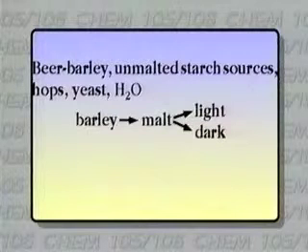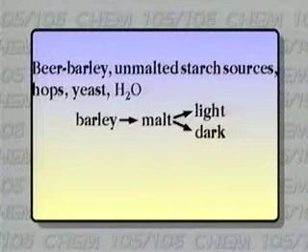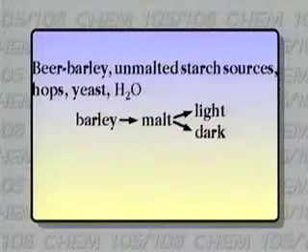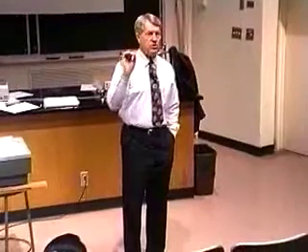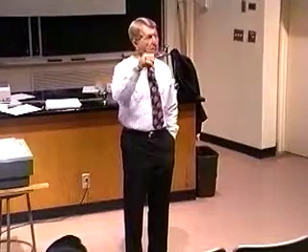Now, when you plant a wheat seed or a barley seed or something like that, and it begins to germinate, before the germination can occur, the starches in the seed must be converted to sugars. And within the seed are little chemicals that we call enzymes.